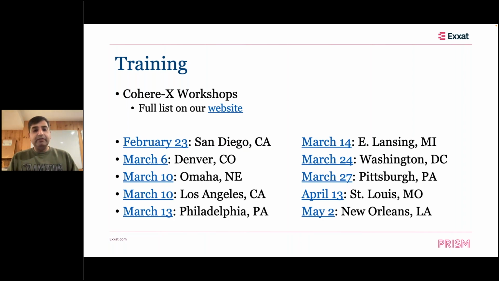Just to give you a snapshot, there are a lot of things coming starting next week, from February 13th till May 2nd as of now. If you are in the vicinity of these areas, you can register. These will happen at one of our university partners' campuses, so if it is nearby, you can register and have a great experience.